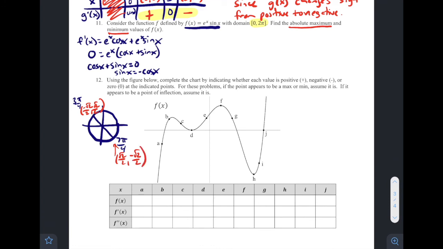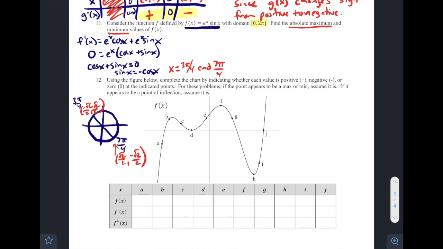So we can see in these two cases that they're the same value, just opposite signs, which is essentially what we're asking for here. So our critical values then are going to be at those x values, at 3 pi over 4 and at 7 pi over 4.